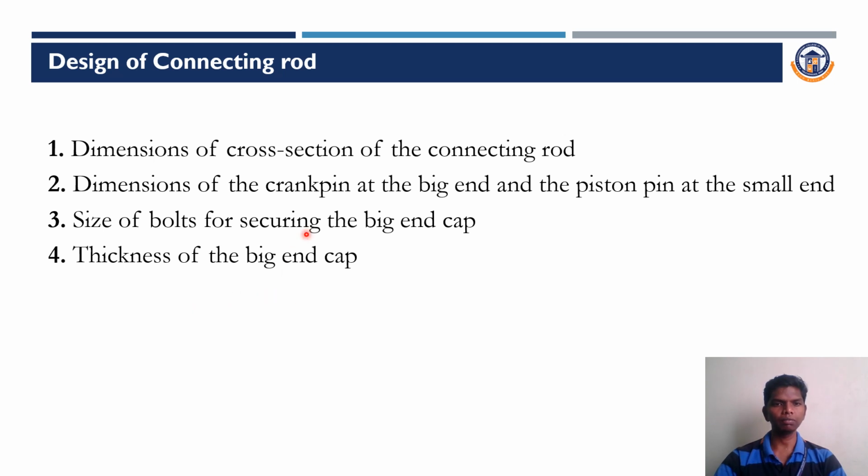So the first design is the cross section of the connecting rod, the second is the crank pin at the big end, the third one is the size of the bolts, and finally the fourth one is the thickness of the big end cap.